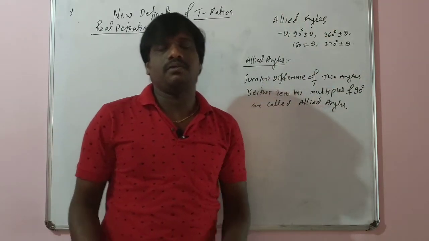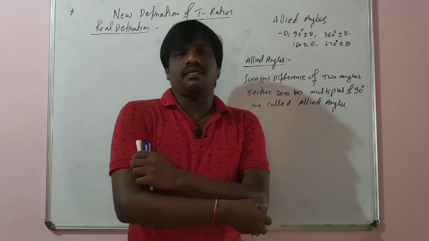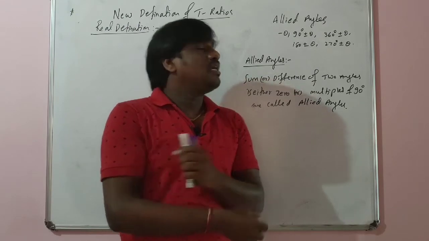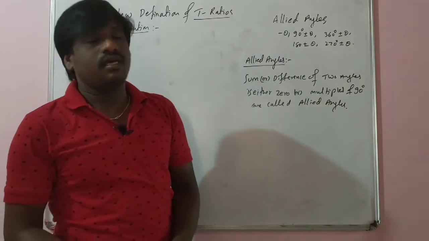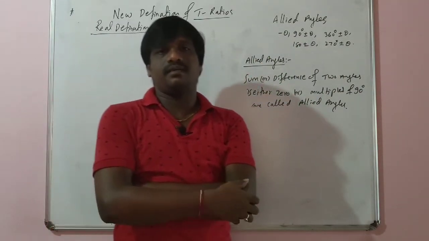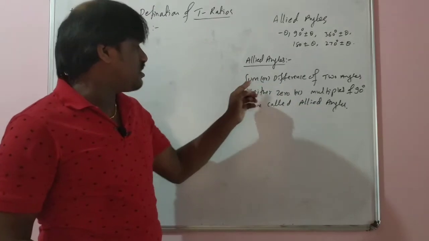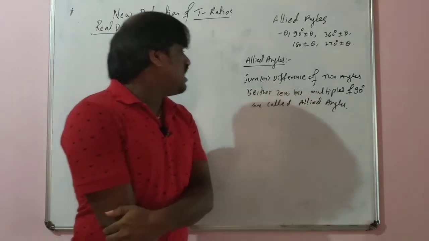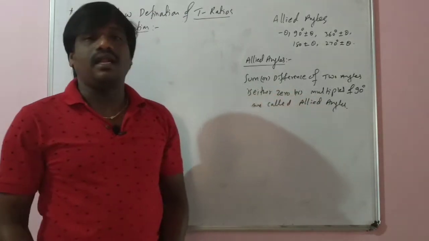All 90 multiples plus or minus thetas, including 90 into 0 plus or minus theta, are called allied angles. So that is the definition here. The sum or difference of the two angles is either 0 or a multiple of 90, and they are called allied angles.